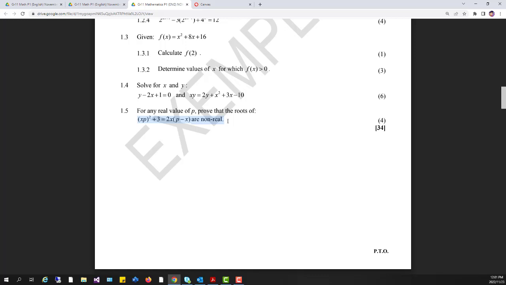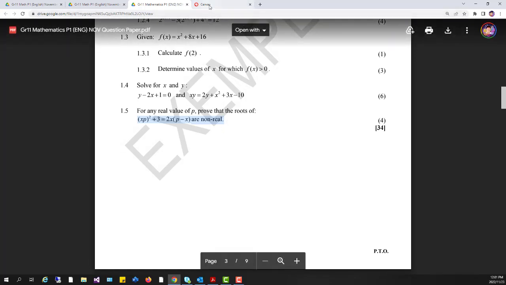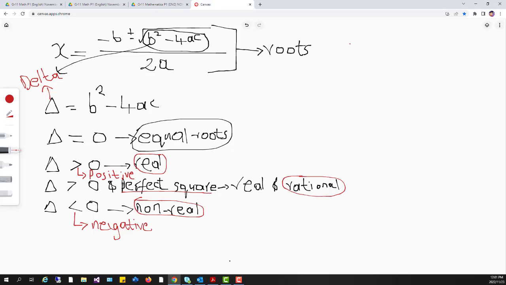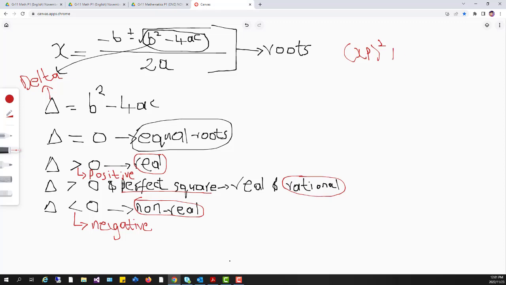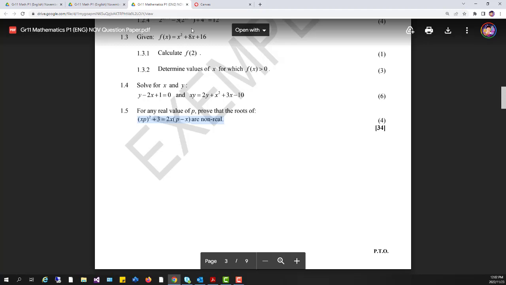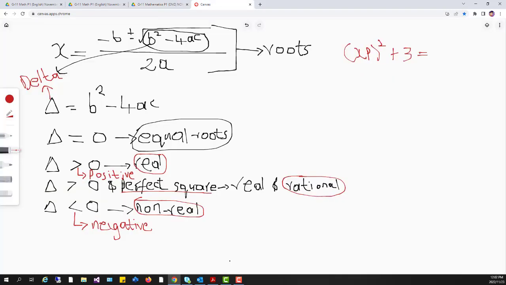Okay, let's write our expression down. The expression is x(p squared x plus 3) equals 2x(p minus x).